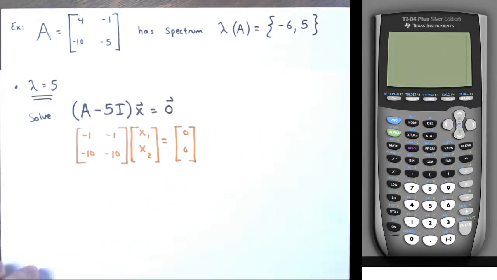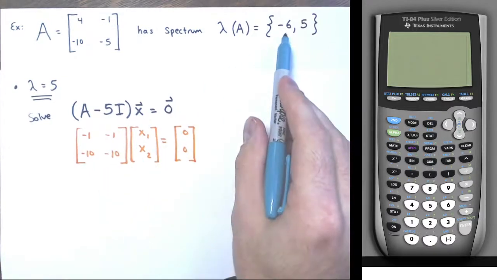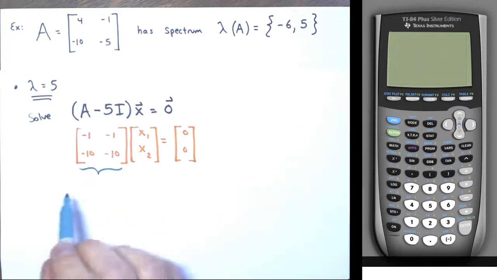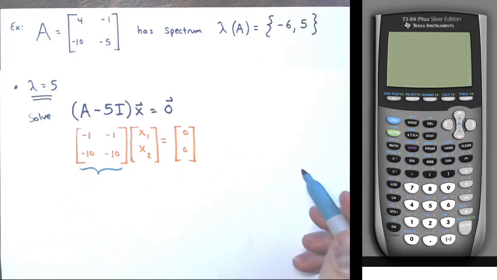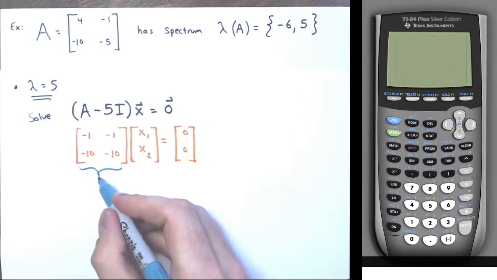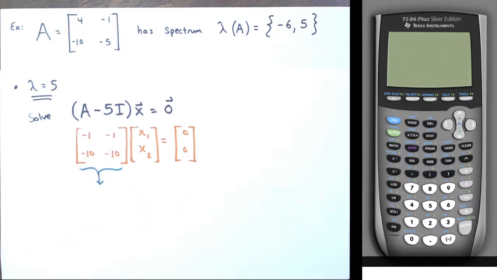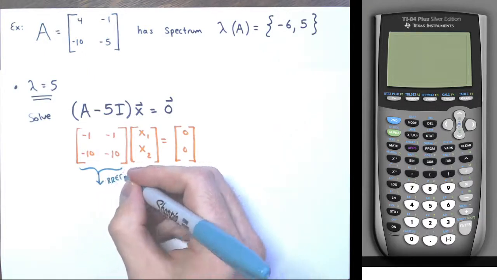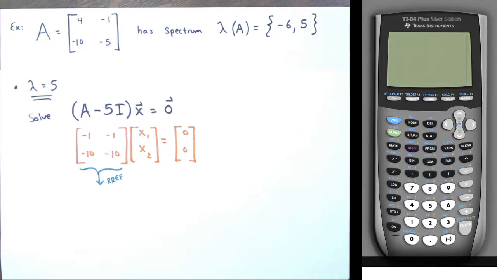As with the last part of this example, when we did lambda equals negative 6, instead of writing an augmented matrix with a bar and a column of zeros, I'm just going to put this matrix into reduced row echelon form and imagine that there's that column of zeros on the other side. Once again, pretty simple.